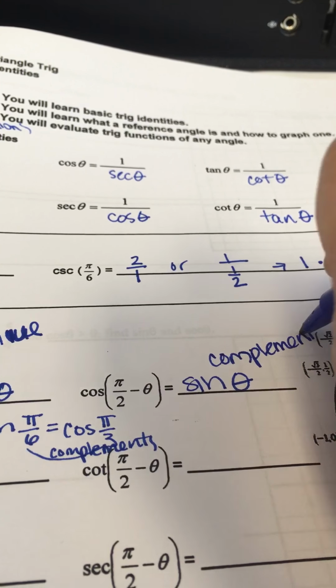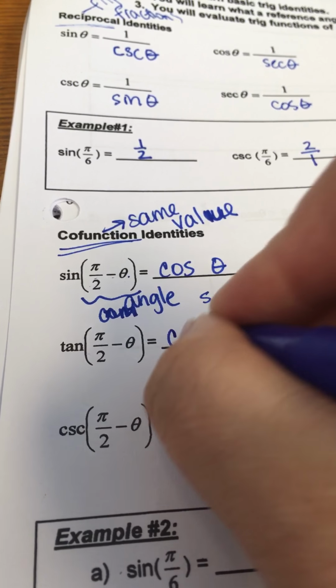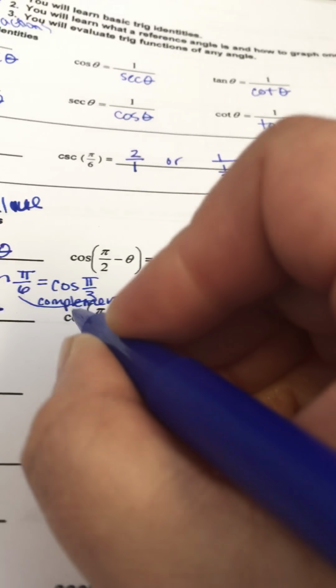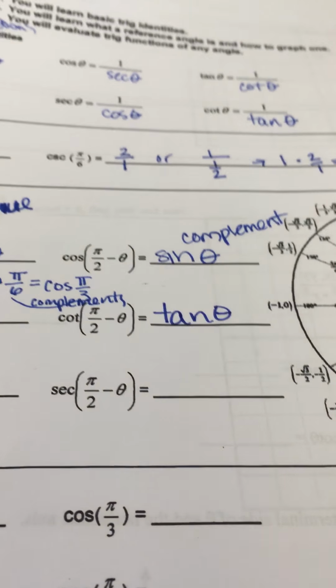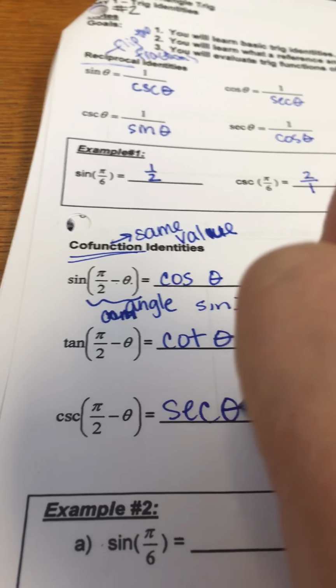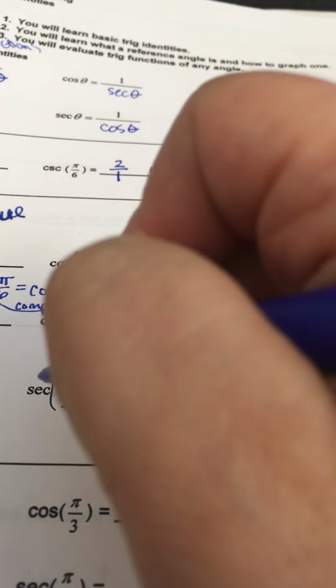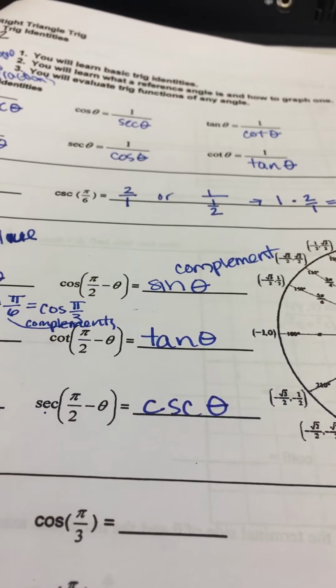And this is how it goes for all of these. The tangent of some angle is the same as the cotangent of the complement. Cotangent is the same as the tangent of the complement. Cosecant is the same as secant of the complement. And secant is the same as cosecant of the complement.